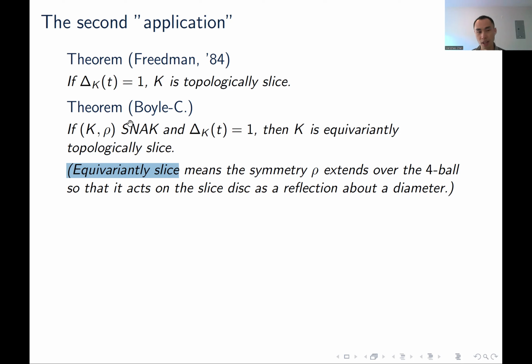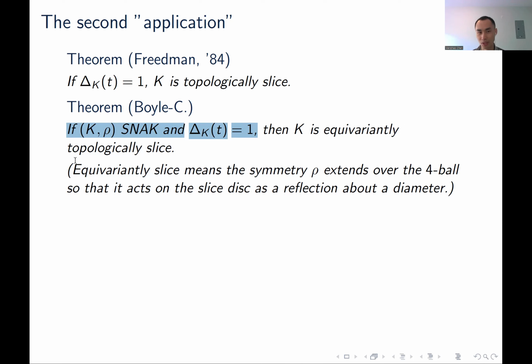What Keegan and I found out is that if you have a snack and the Alexander polynomial of that snack is trivial, then Freedman's theorem can be strengthened to say that the knot K is equivariantly topologically slice. As you notice here, I put quotation marks on the word application. The reason is that the proof of this theorem doesn't use the half-Alexander polynomial at all.